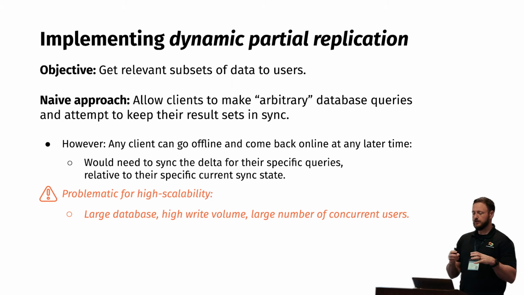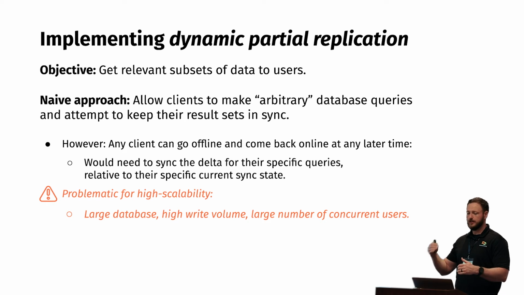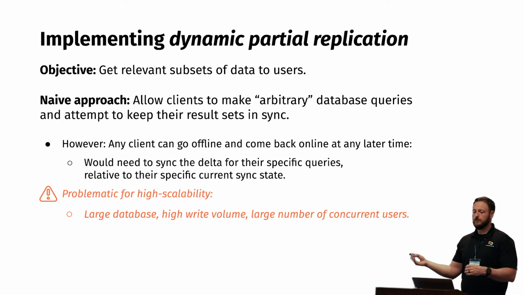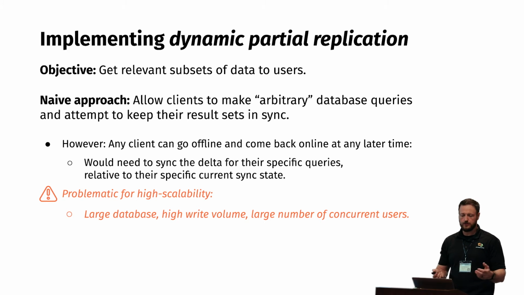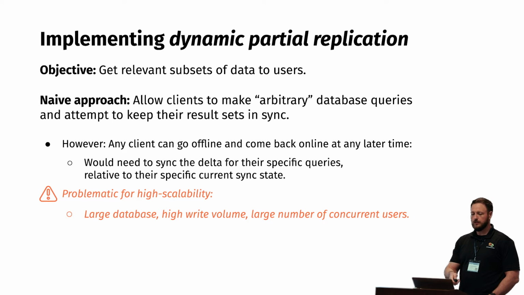But if you think about a local first app architecture, you can have thousands or millions of users that can go online and offline at any time. They can come back online hours later, days later, or even weeks later. And then you would basically have to sync the deltas for their specific queries relative to their specific current sync state. You can multiply that by millions of users potentially, or tens of thousands of users. So that quickly becomes problematic for high scalability.